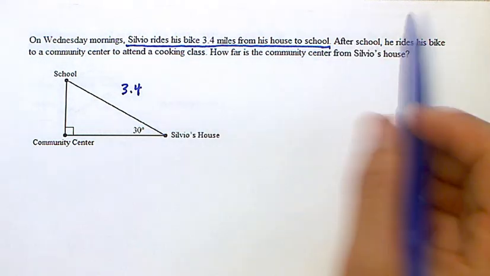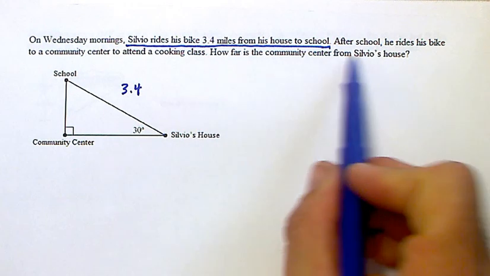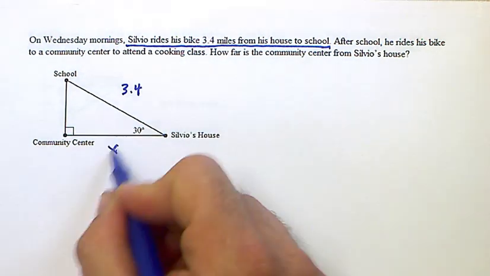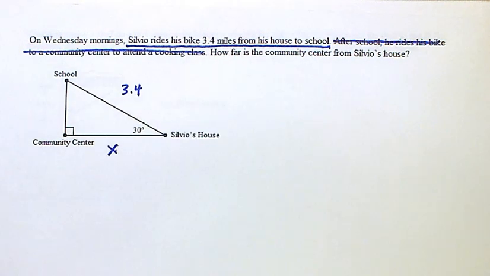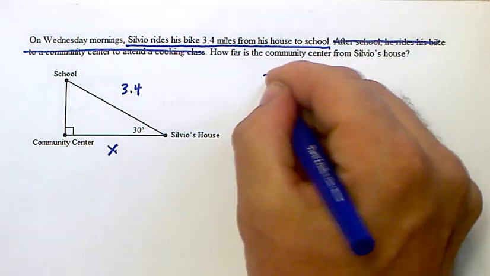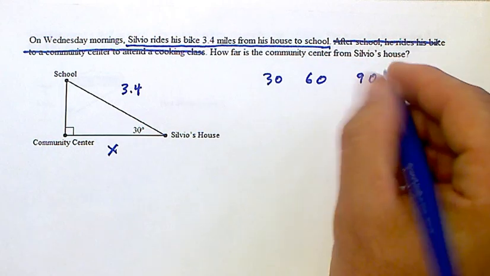After school, he rides his bike to the community center. How far is the community center from Silvio's house? This piece of information is, not to say useless, but it's not really totally pertinent to the question. 30-60-90, side opposite 90 is 3.4.